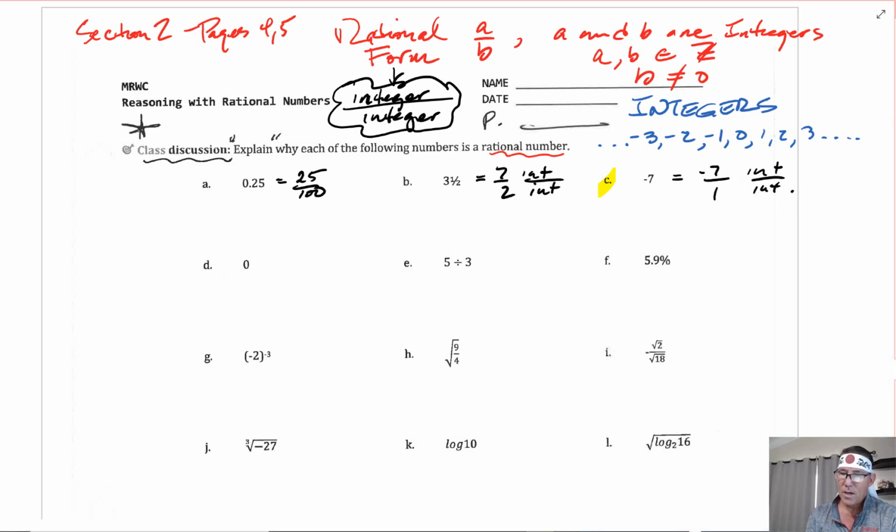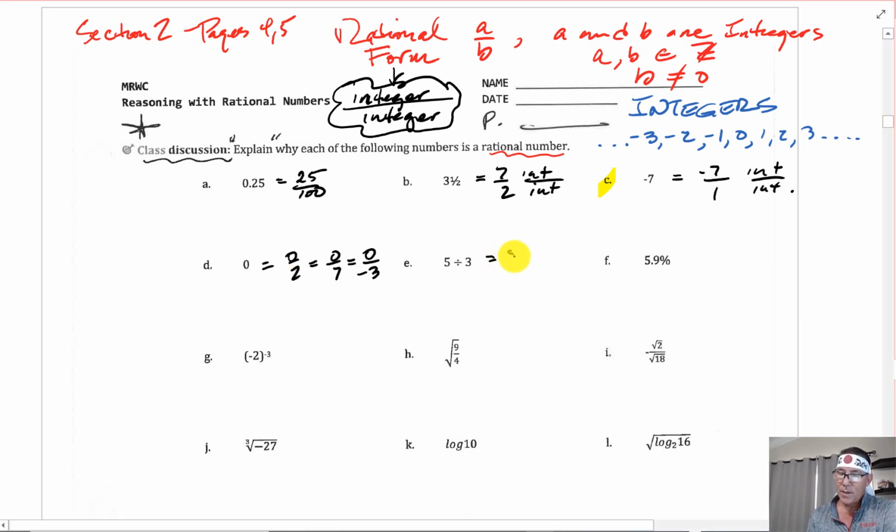Continuing here, 0, well, you can express 0 any way you like. How about 0 divided by 2, 0 divided by 7, 0 divided by -3? They're all 0, right? So 0 is a rational number because it can be written in many different ways, as long as the numerator is 0.